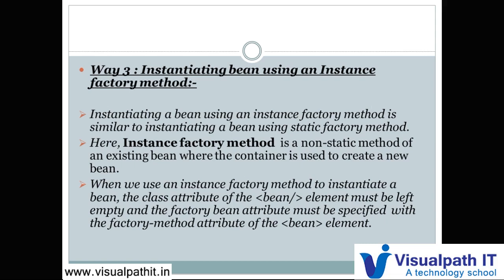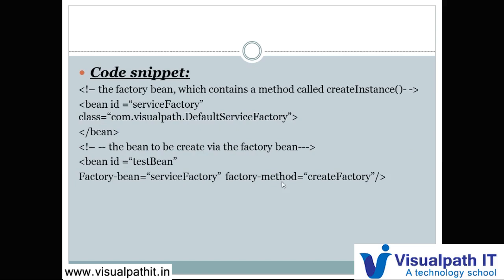When we use an instance factory method to instantiate a bean, the class attribute of that particular bean element must be left empty. And the factory-bean attribute must be specified with the name of the bean that is used in the application. This bean will contain an instance method that is used to create an object.